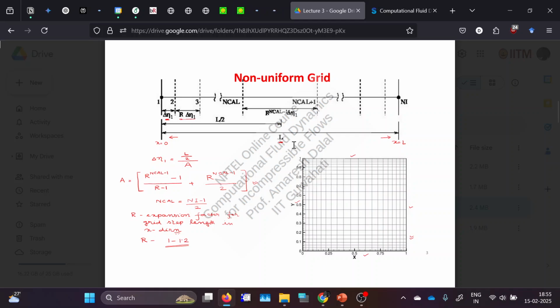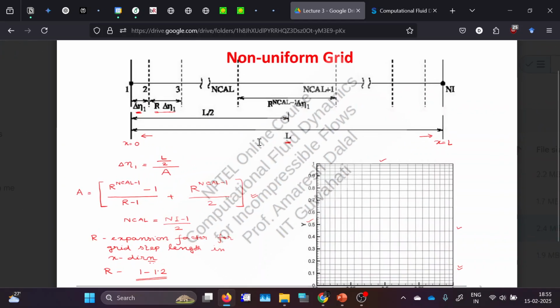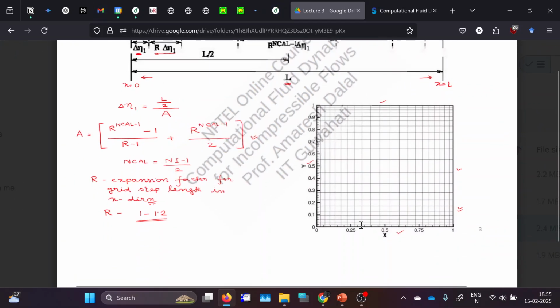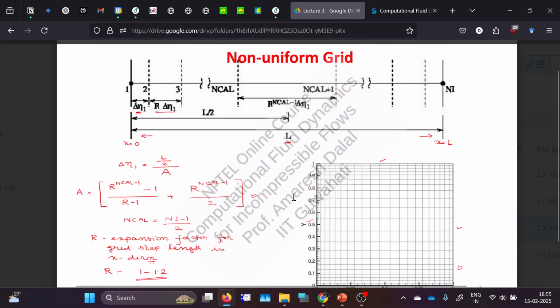So over here, if you look at the grid first, you can see that near the walls, the grid size is pretty small, and near the central region, the grid sizes are pretty big. And again, near the wall, it becomes smaller. So that is achieved in this way.